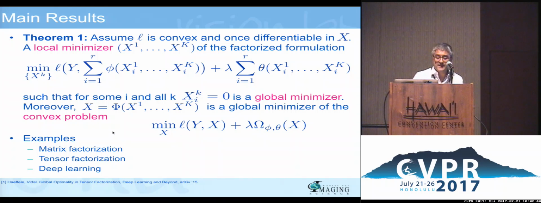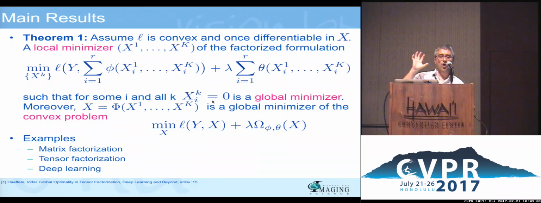And so what this theorem says, again, is if you find a local minimizer of this neural network training problem such that some of the weights of that network are zero. Which ones? All of the weights associated with one neuron for the case of a network with a single layer, or all of the weights of one parallel subnetwork in the other example where there were many parallel subnetworks.